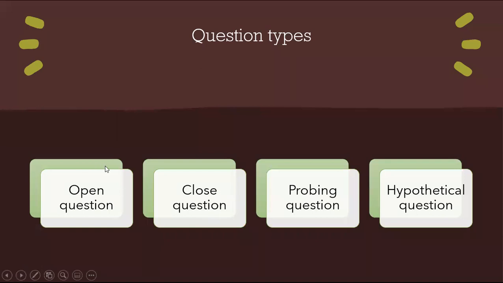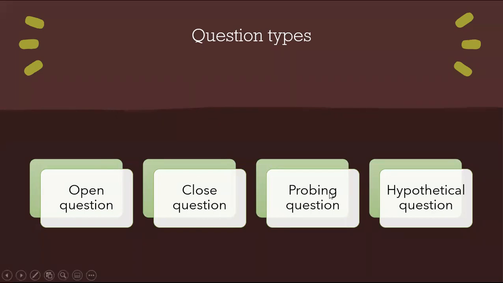For example, an open question is very clear. We ask the question with WH words, like what, where, how, which, when, etc. A closed question is a yes or no question: do you confirm this, or are you agreeing with this?